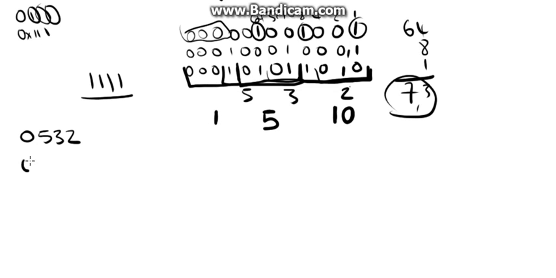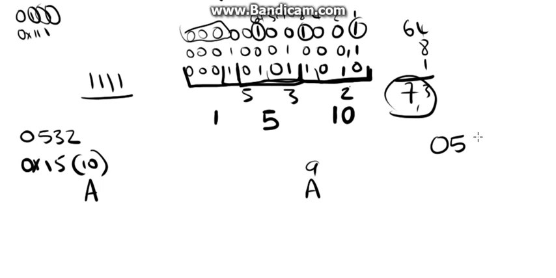So we've got 0x 1, 5, and the problem is we've got 10. If you remember back, we went from 9 to A, so 10 is represented by A. So we have 0, 5, 3, 2 and 0x 1, 5, A.